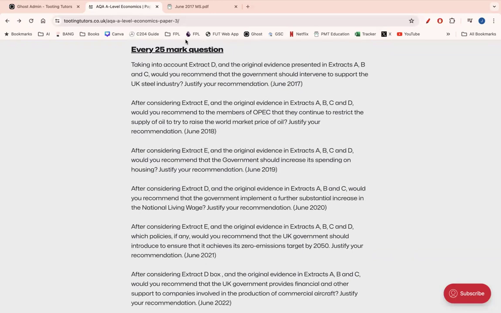The way to prepare for 25 markers, I'm going to ask you to do after the lesson in detail. But basically, the question will be an extract and it's going to ask you to weigh up something, but the key is the extract always.